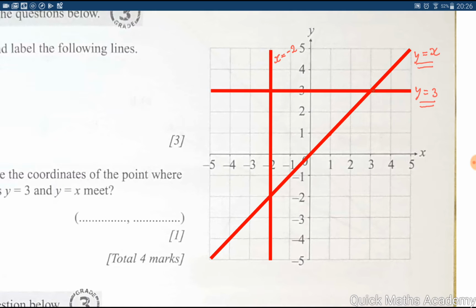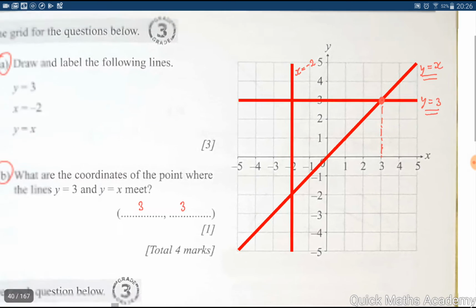So that will be this dot in here. That point is 3, 3, as you can see. X is 3 and y is 3. Okay, so the point is 3, 3.